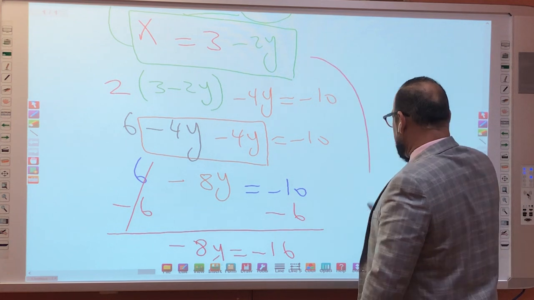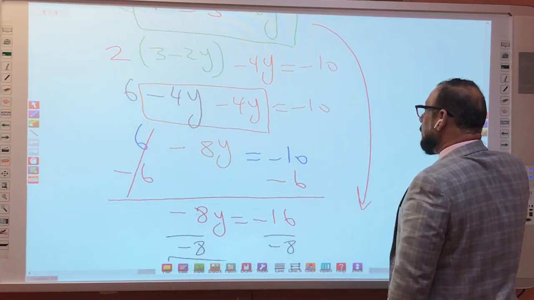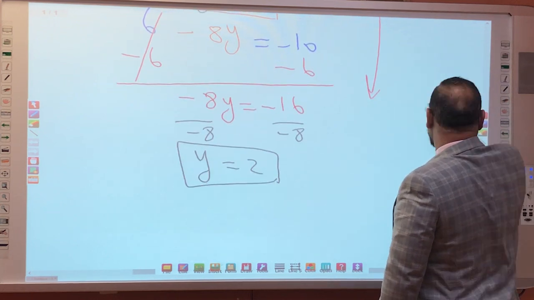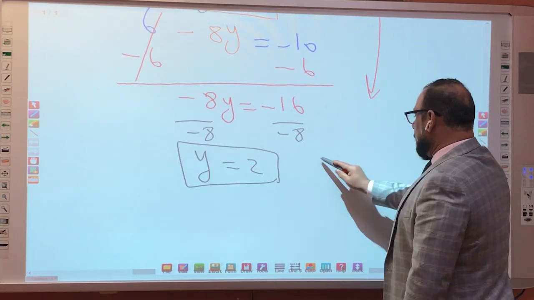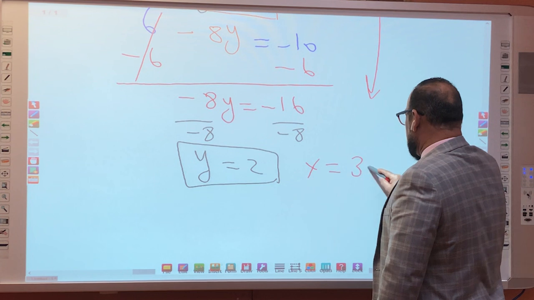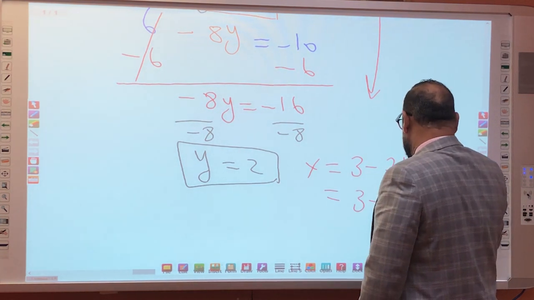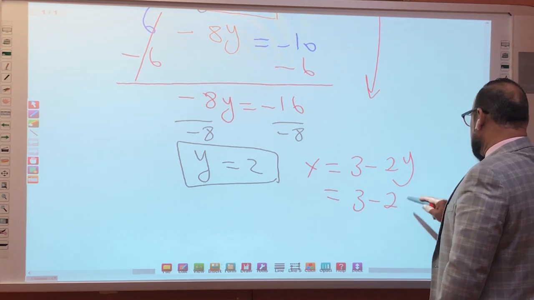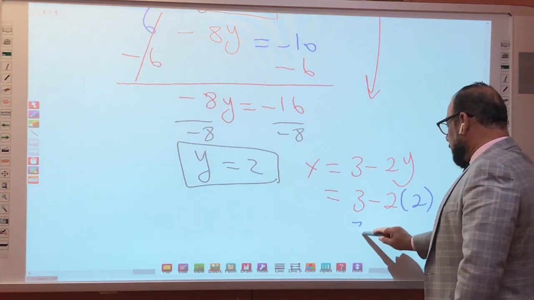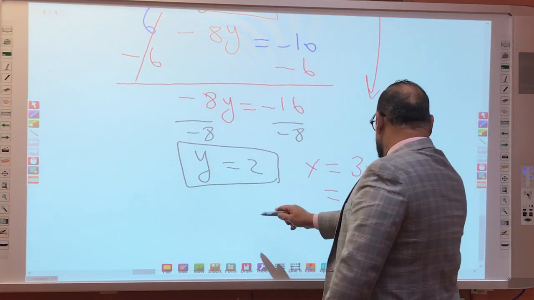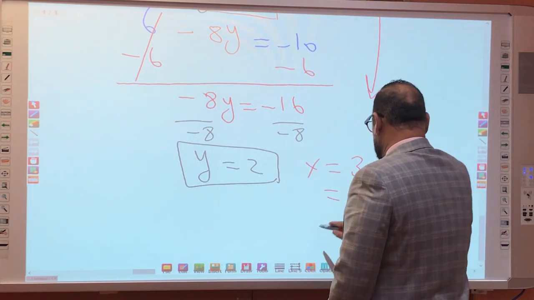Bring this equation down: x equals 3 minus 2y. 3 minus 2 times what y? We found it, 2. 3 minus 4 is negative 1. Then x equals negative 1.